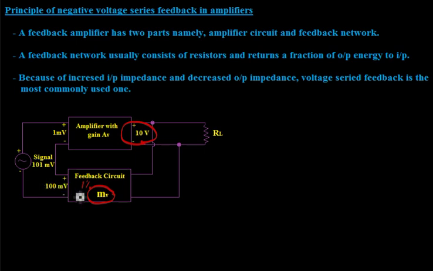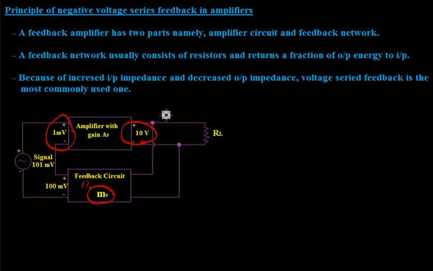As the feedback voltage is connected in series with the signal voltage and the feedback is negative, the actual input voltage which appears at the amplifier input is 1 millivolt.